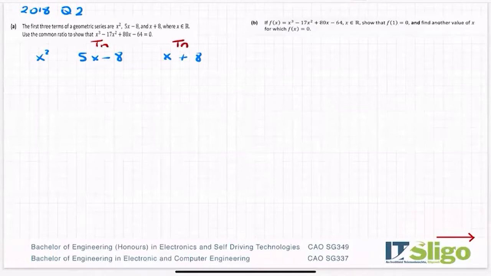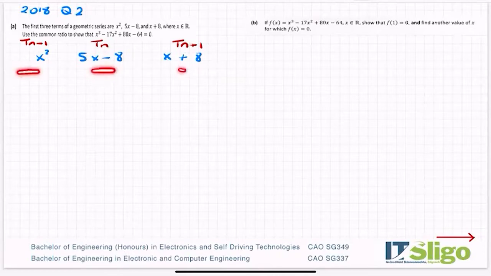Then this one is one up from it, and then this one is one below it. Of course I could call this Tn plus 1, Tn plus 2, because they're all relative. n just stands for a particular term, and this is one below it and this is one above it. Why is it good practice to do it this way though?